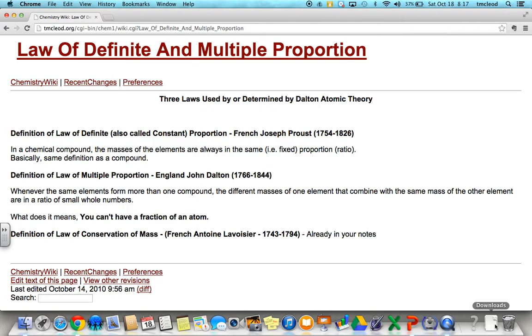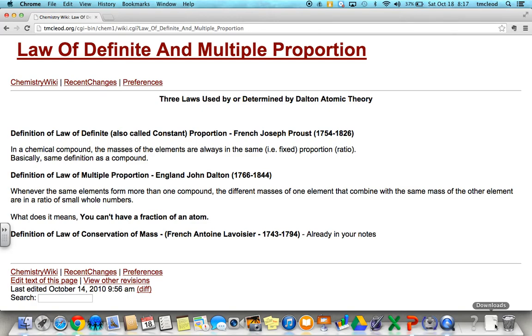And it's not complicated, but it's just more mathematical manipulations to do these problems. I am not going to require you to do mathematical manipulations on the law of multiple proportion. All I need you to know is you have to understand what it is. You don't have to do the math.